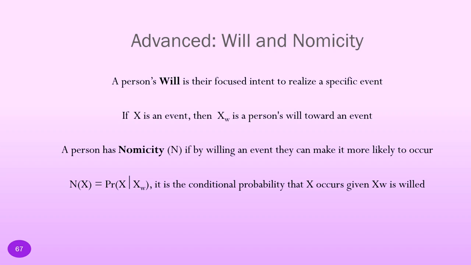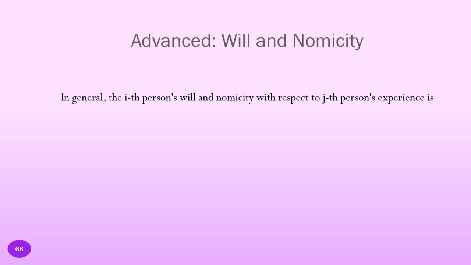So the nomicity of X would be the probability of X happening given the person's will toward that event. In essence, that is a conditional probability that X occurs given that X_w is willed. Okay.